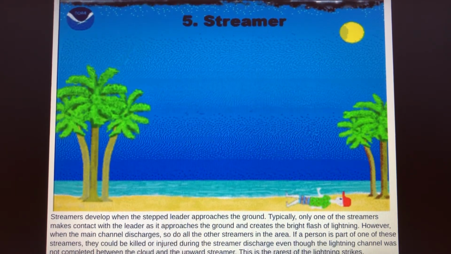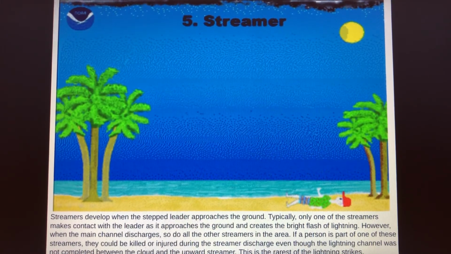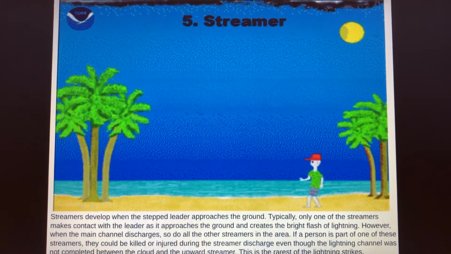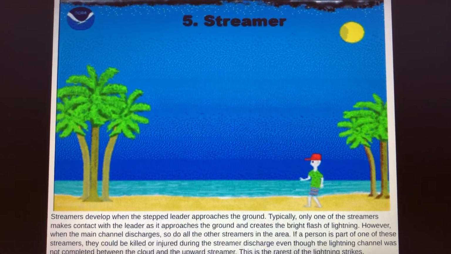But sometimes you can be where another streamer is coming up from Earth. And even though the lightning channel didn't get completed from the step leader to the upward streamer from Earth, you can sometimes get electrocuted just by being where that streamer is. But this is the absolute rarest of all the lightning strikes.